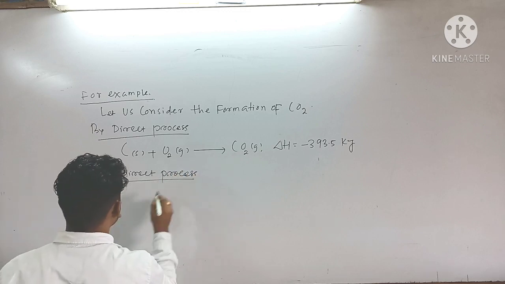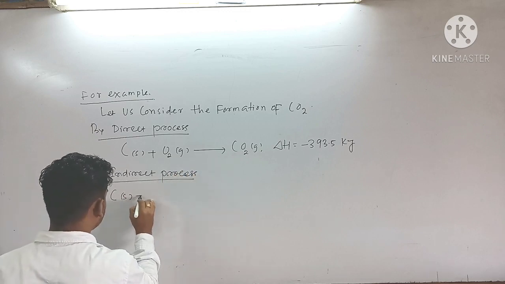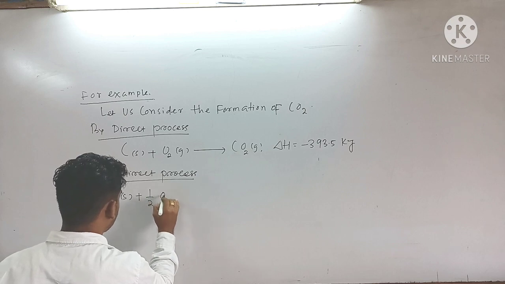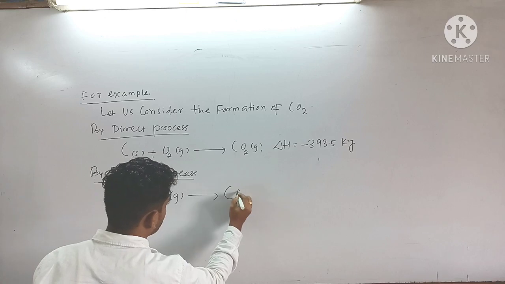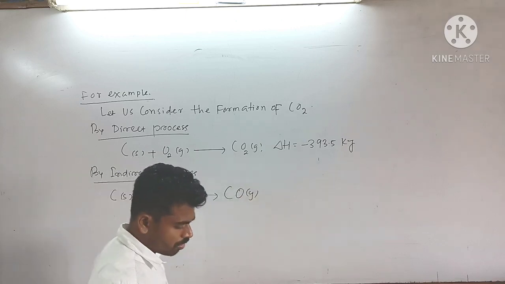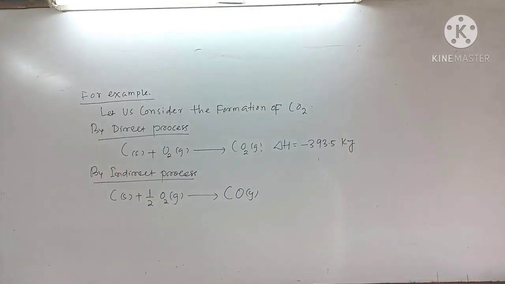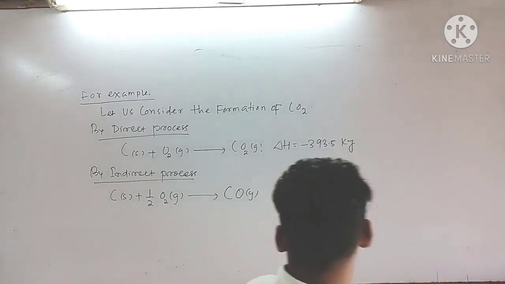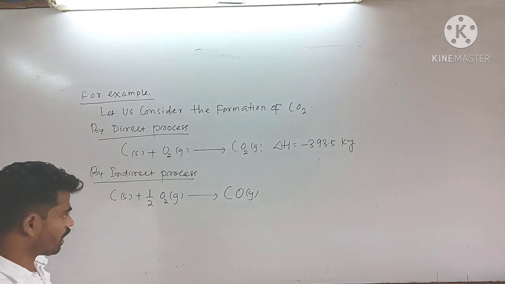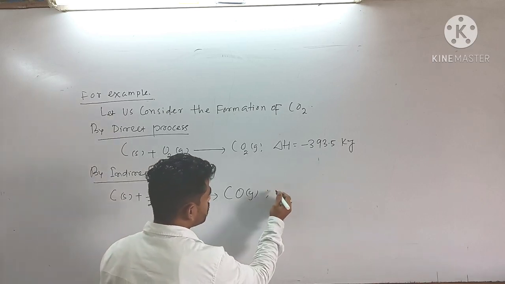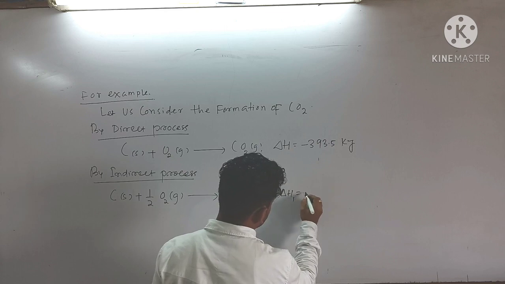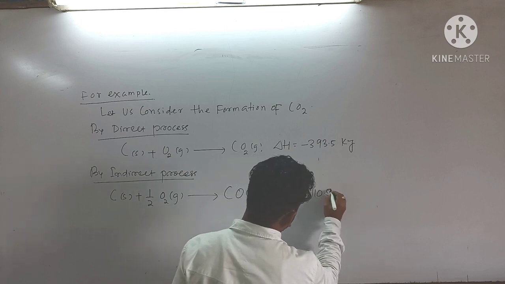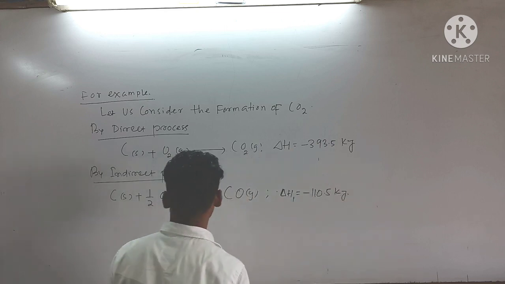So by indirect process, I can write carbon solid plus 1/2 O2 gas giving rise to CO gas, carbon monoxide gas. So you see carbon is first converted into carbon monoxide, and here del H1, that is minus 0.5 kilojoule.